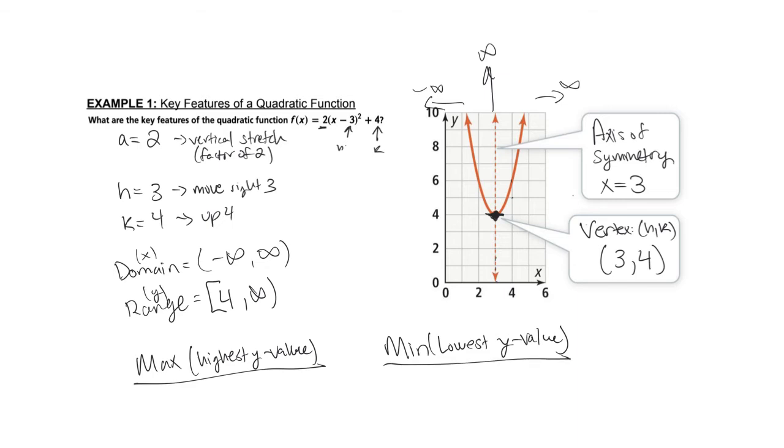So if we look at the max y value, our highest point, we don't have a finite point. So we would say there is no max, because it goes to infinity. We do have a lowest point, y equals 4 is our lowest point. So our minimum is y equals 4. Those are pretty easy.